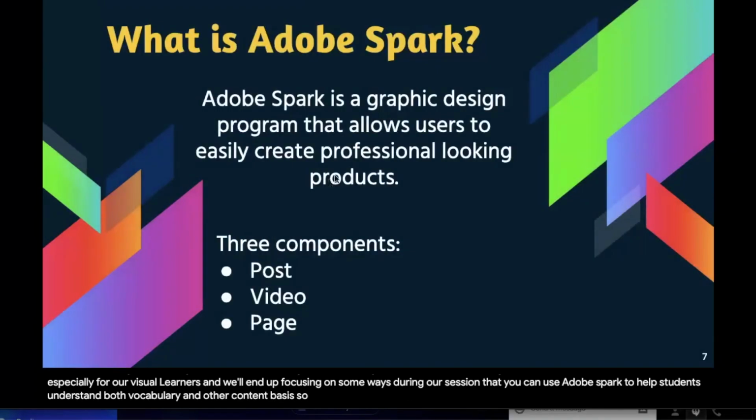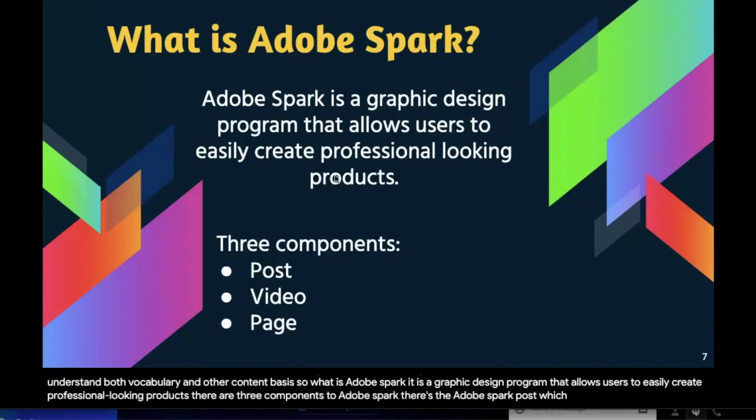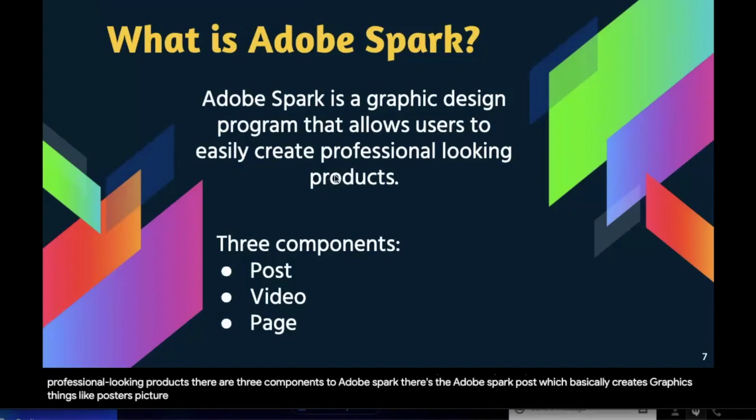So what is Adobe Spark? It is a graphic design program that allows users to easily create professional looking products. There are three components to Adobe Spark. There's Adobe Spark Post, which creates graphics, things like posters, picture cards, flyers, and other graphics along those lines.